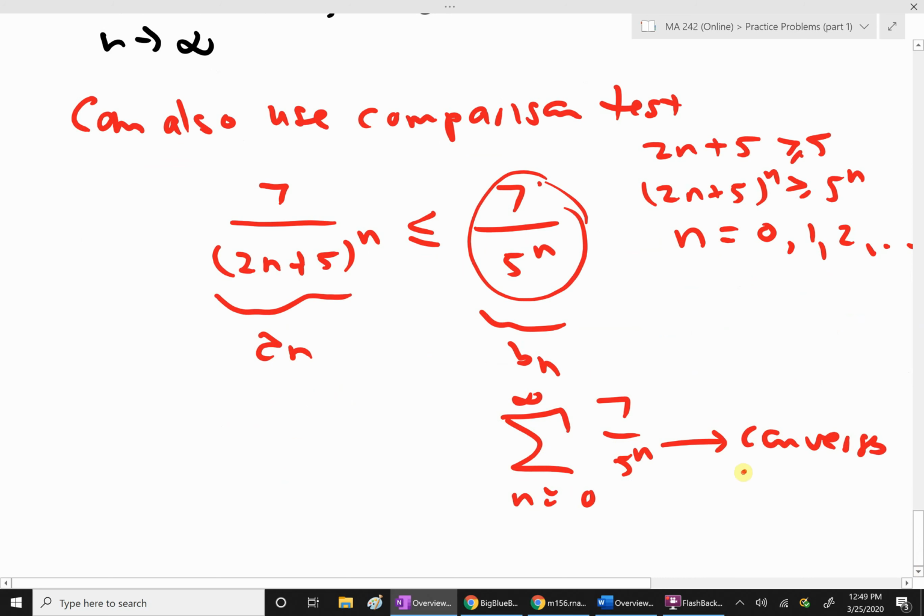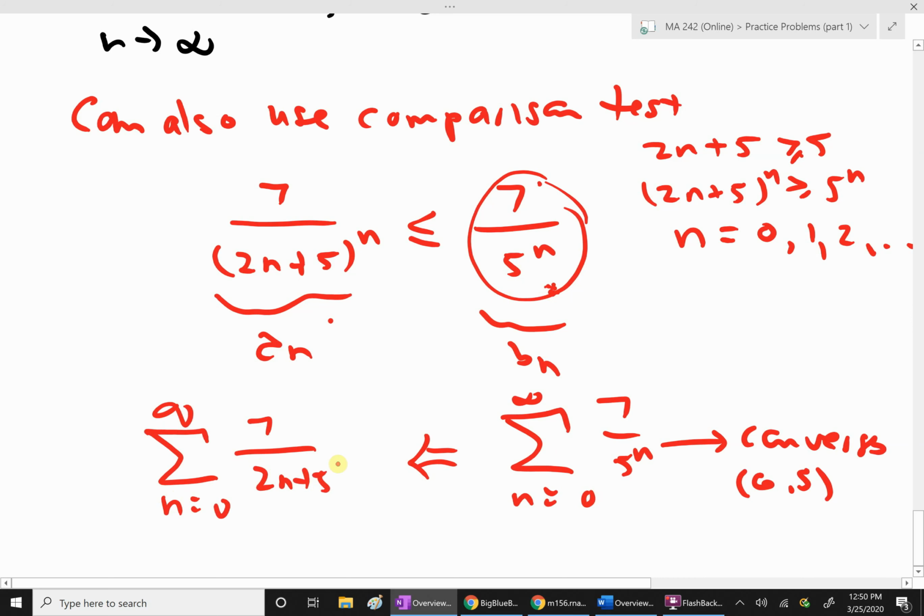So if the terms of the series I know converges are greater than the terms of this sequence, then by the comparison test, this has to converge. Okay? So this is by the comparison test. This has to converge.